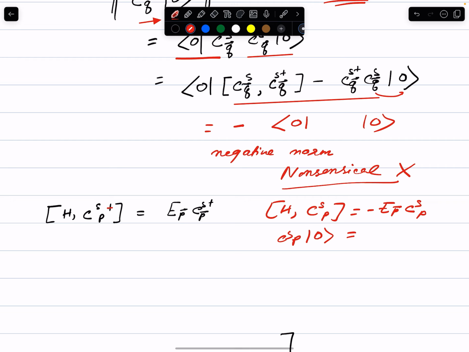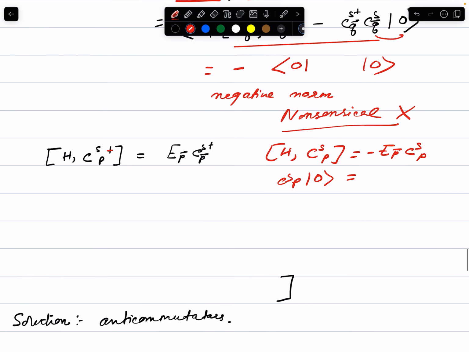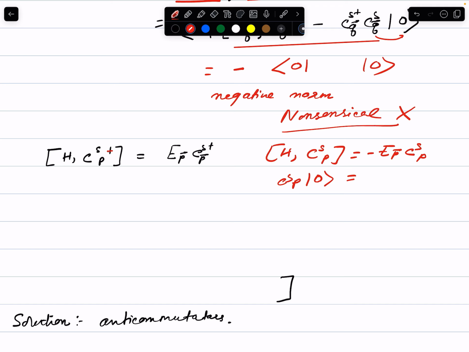So either you have negative norm, or if you want to avoid that, you run into negative energy. And it's not just negative energy, it's infinite negative energy, because you can keep acting with this and you can keep decreasing the energy of the system until you get minus infinity. So this is obviously a system with an unstable ground state, because the ground state has negative infinite energy.